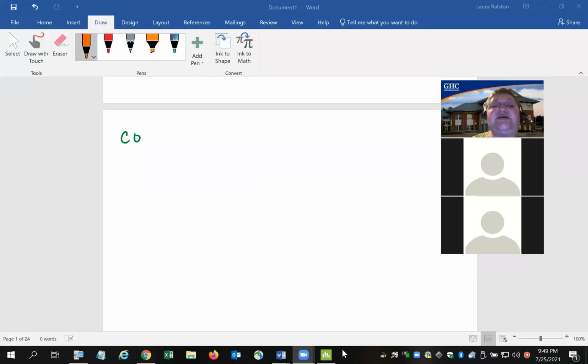Let me go over here to a piece of paper. Okay, let me share my screen again. The first part of Module 3, we talked about confidence intervals, which give you a range of values for the population mean.